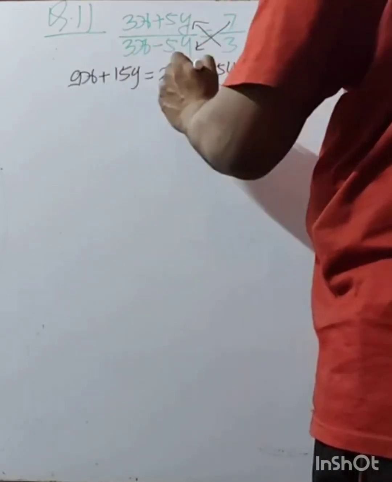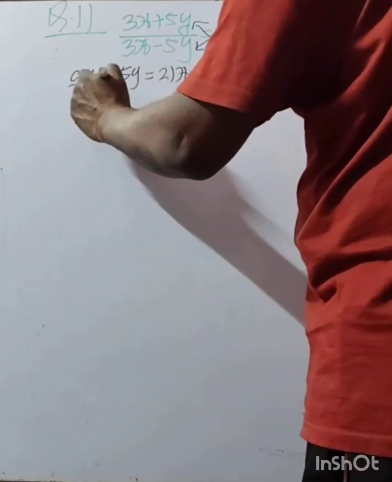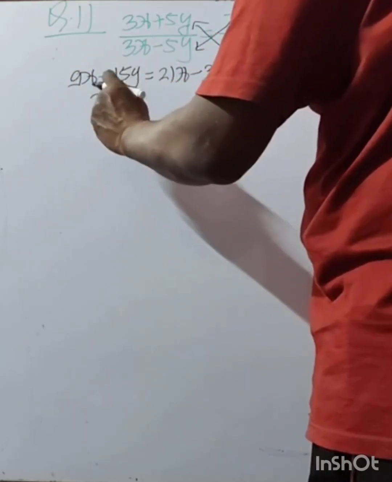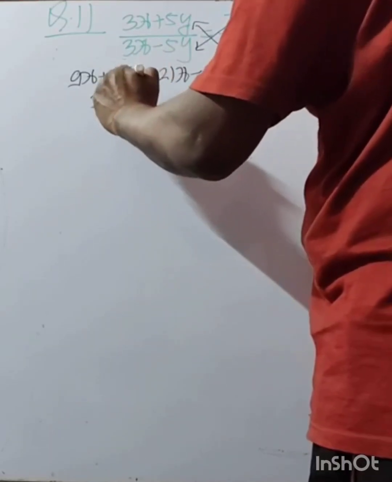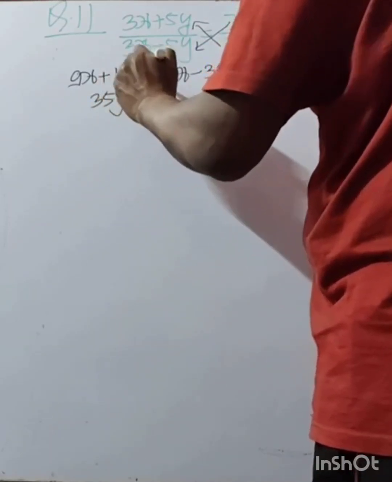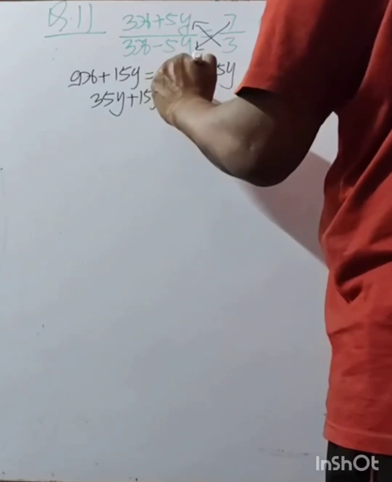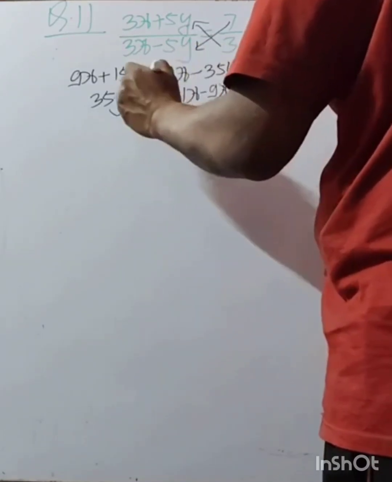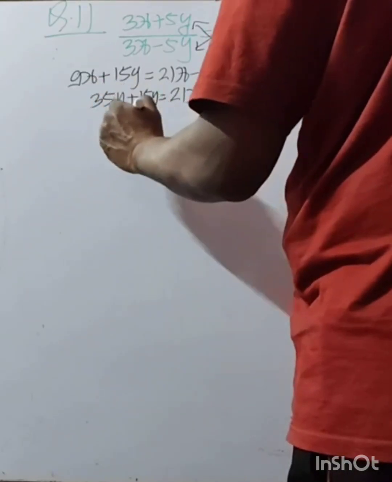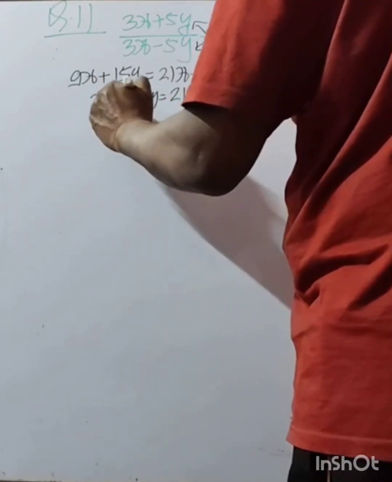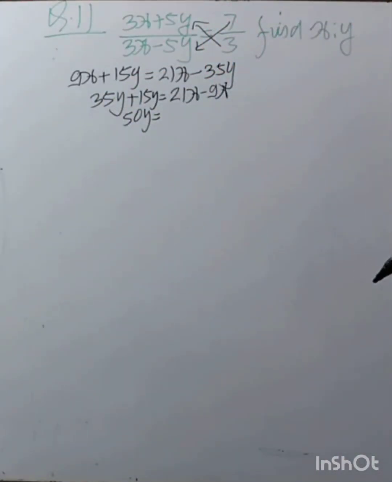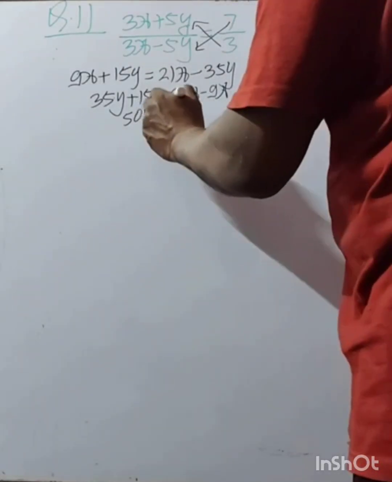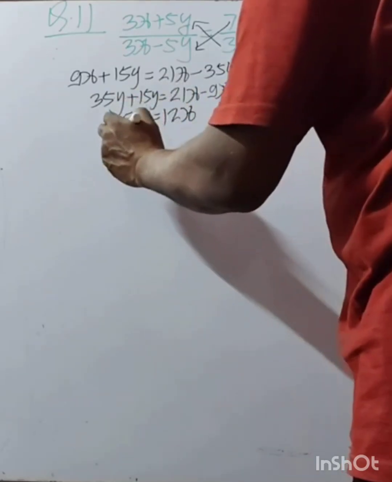So it is how much? 35y plus 15y is equal to 21x minus 9x. So it is how much? 50y is equal to 12x.